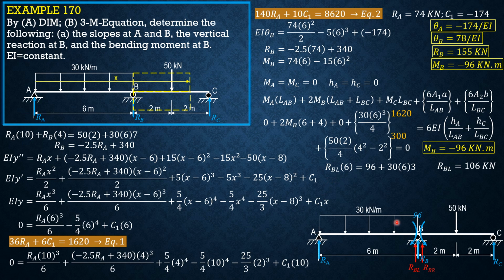Then for BC, summation moment about C equals 0, clockwise positive, so RB right times 4 equals 96 plus 50 times 2. So RB right is equal to 49 kilonewtons. So RB left plus RB right, 106 plus 49, so RB is 155 kilonewtons.